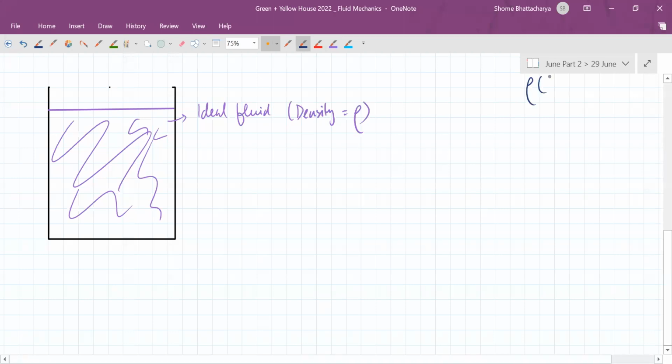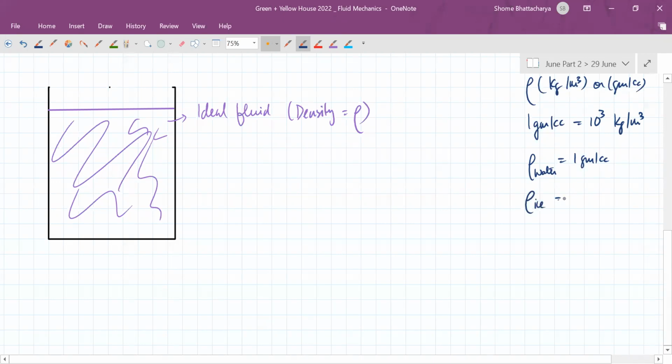Density is expressed in kg per meter cube, or gram per cc. You should remember the conversion that 1 gram per cc is equivalent to 10 raised to the power 3 kg per meter cube. Density of water is about 1 gram per cc.